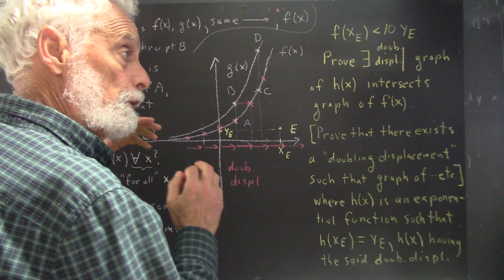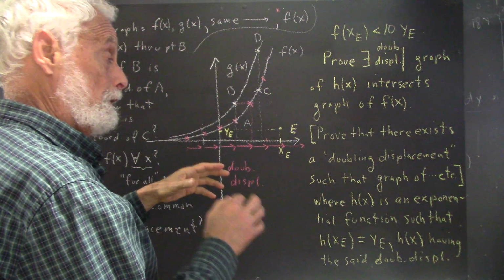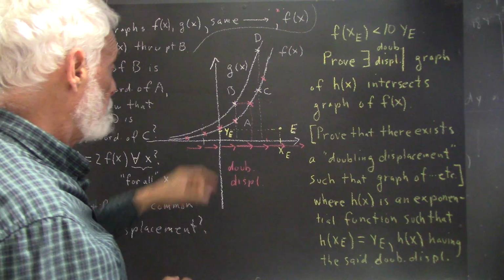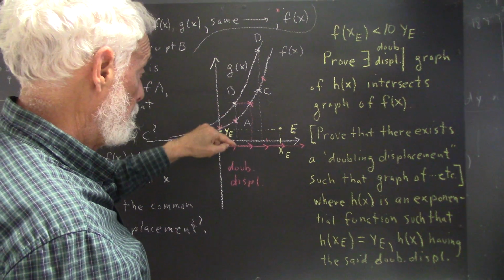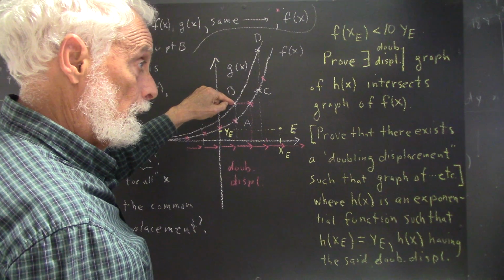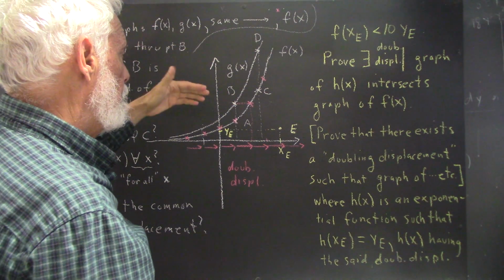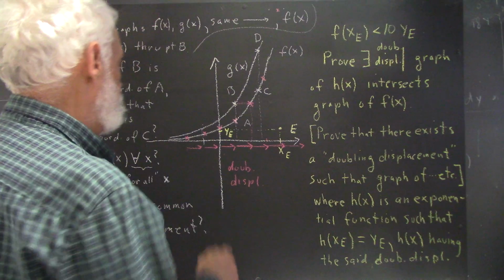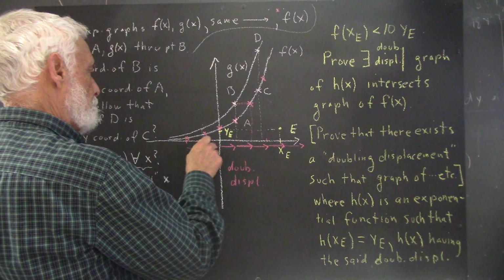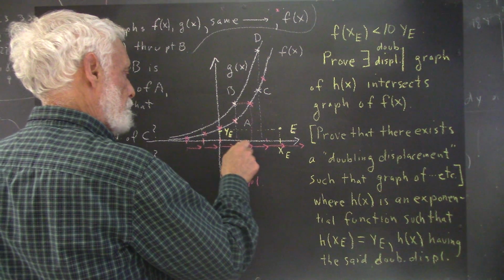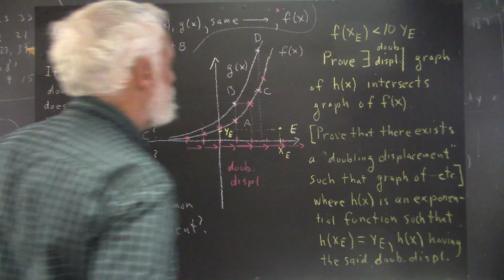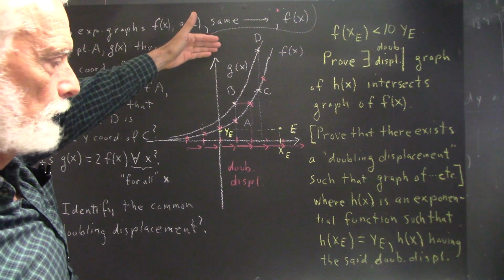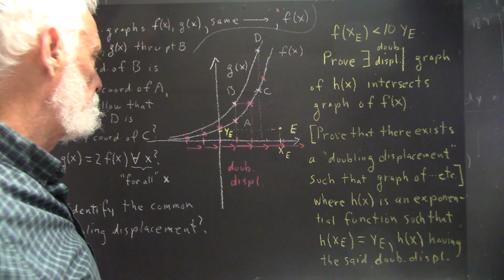Now I'm going to leave it to you to think why it has to be double the value of f of x. Remember that at this point it's double the value of f of x at whatever this x value is. How can we conclude that at every one of these x values, and I've been a little ambiguous about what I said, the value of g of x is double the value of f of x?